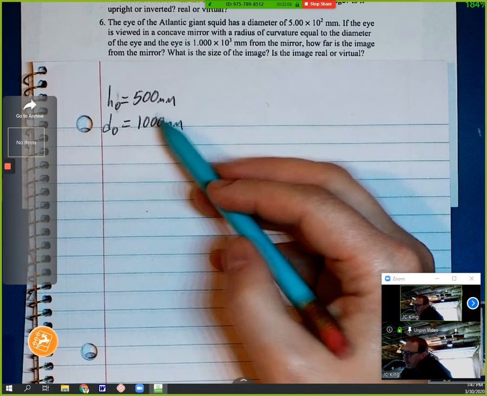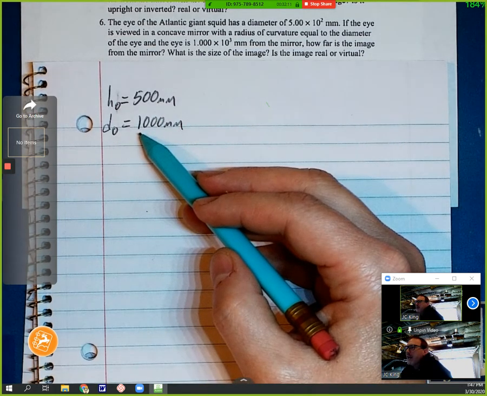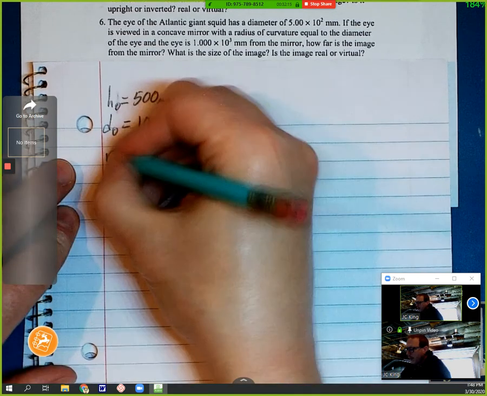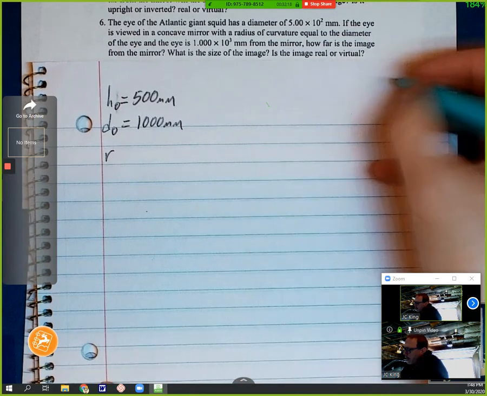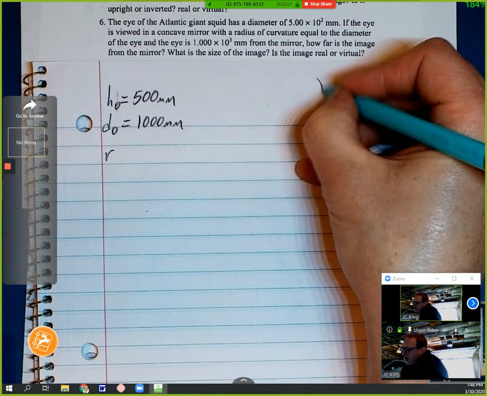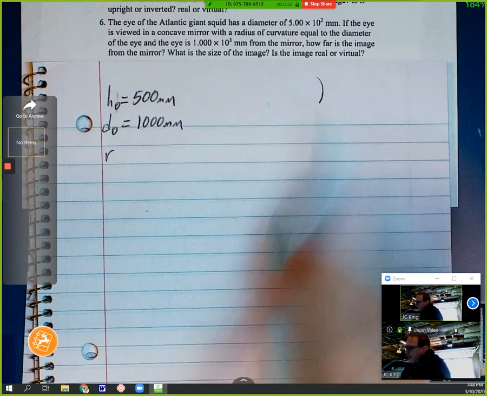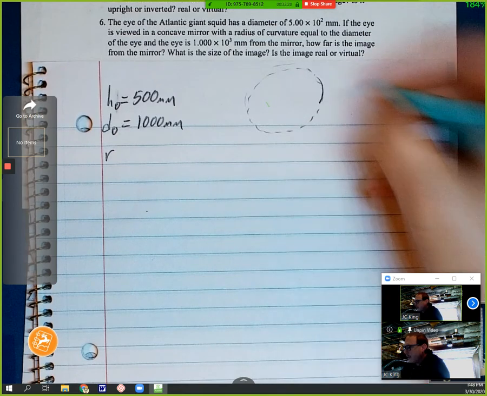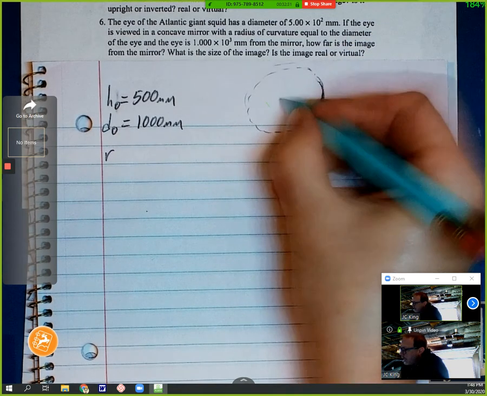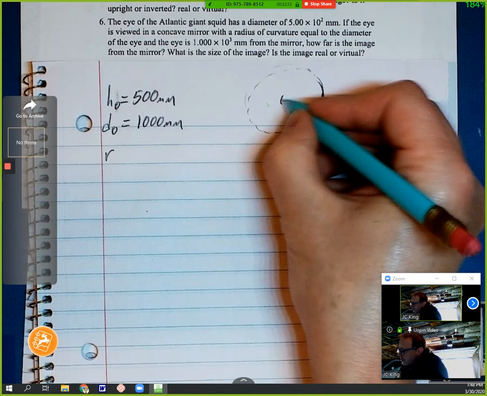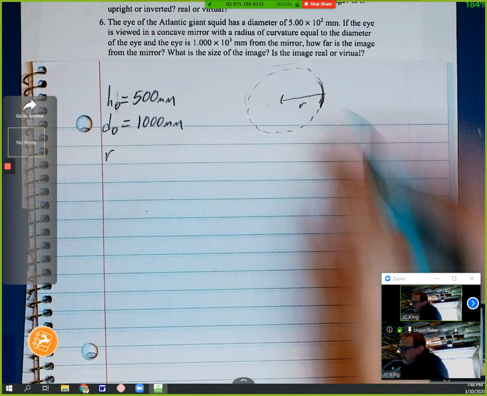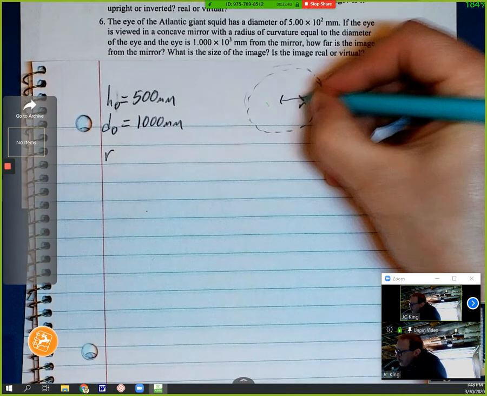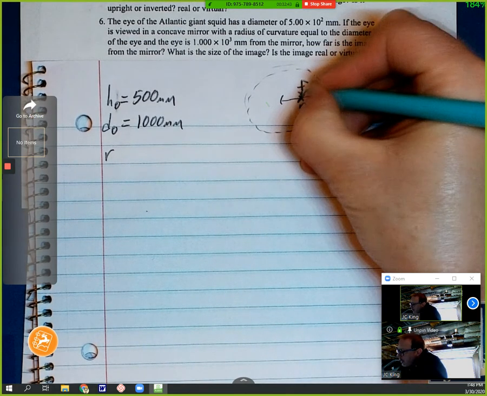And so they're saying the radius of curvature is equal to the diameter of the eye. So here's what we're going to do. We're going to look at R. Now R, if you remember, if you've got a mirror, if you imagine that that mirror is part of a larger sphere, and that is a very eggy-shaped sphere, I know, sorry about that, but the mirror is part of that, then the radius is going to be the distance from here to here, okay? Just like in any other circle or any other sphere. The focal point, remember, is halfway between the midpoint and the outside.